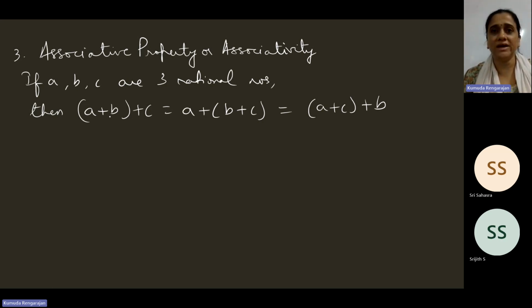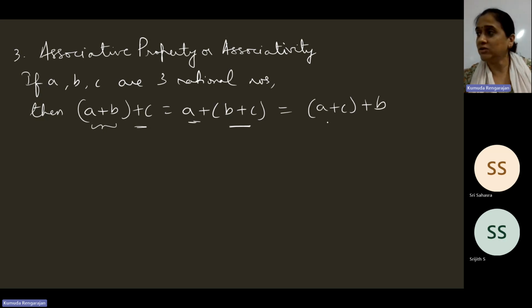See, here you've grouped A and B. That is, you find A plus B, and then to that result you add C. Here you find B plus C, and to that result you add A. Here you find A plus C, and to the result you add B. Whether you find A plus B first, B plus C, or A plus C, in all the three cases, the final answer is going to be the same.